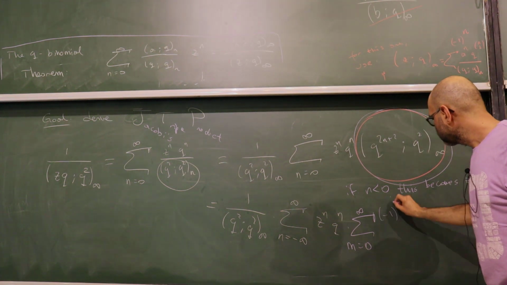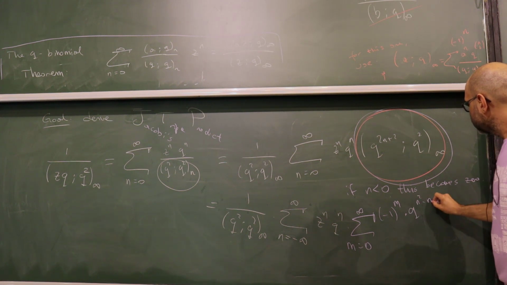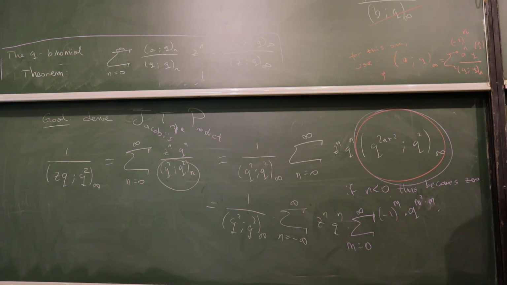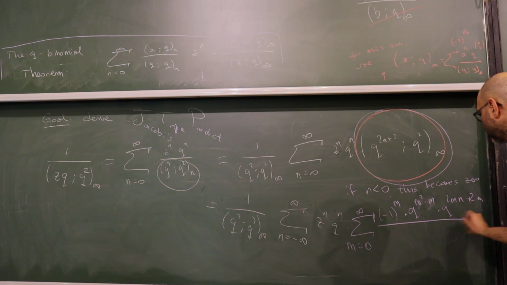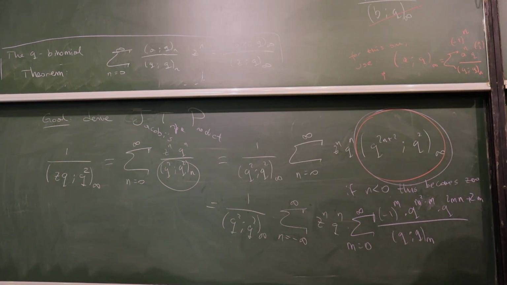So we will have minus 1 to m, q to n squared minus m squared minus m, times the argument raised to m, q to 2mn plus 2m, all over q sub n. I think we're good. Any questions here?